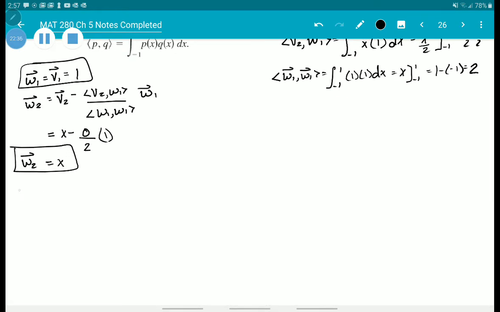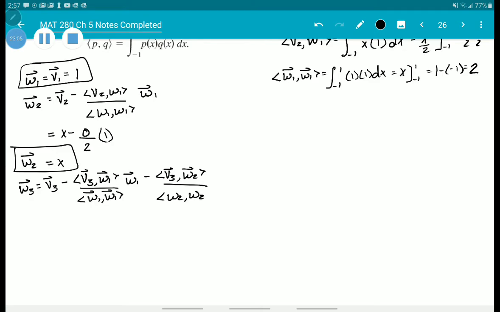So now we need to find W3. So that is V3 minus the inner product of V3 and W1 over the inner product of W1 with itself times W1, minus the inner product of V3 with W2 over the inner product of W2 with itself times W2.